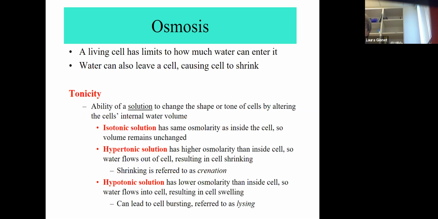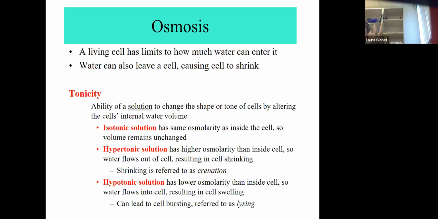So an isotonic solution means that you have the same osmolarity inside the cell versus outside the cell. For instance, let's say inside the cell we have 75% water and 25% everything else, solute. Anything else is suspended in the watery environment. 75% water and 25% solute of some kind. And the solution it's sitting in is also 75% water and 25% solute.